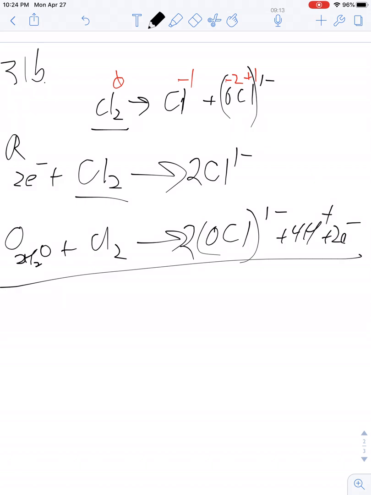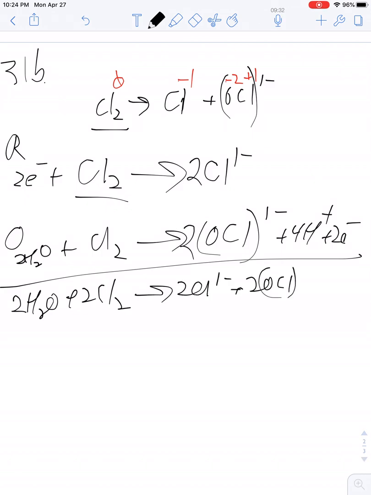So what cancels? Just the electrons. So I'm going to end up with 2 waters plus 2 chlorines, giving me 2 chlorides plus 2 of these plus 4 H pluses. Okay, so there's an H plus here, so that's balancing in acid.